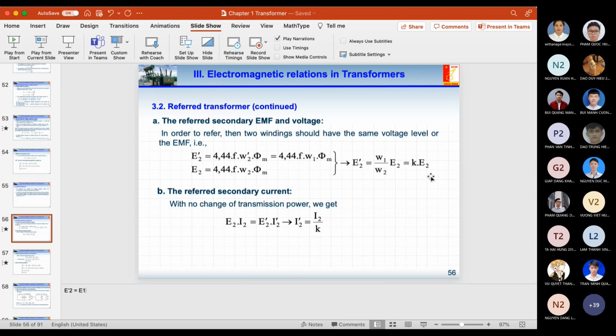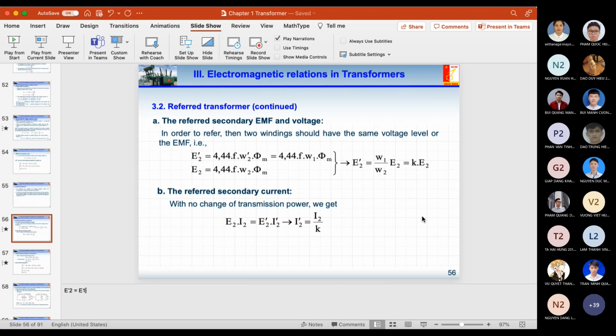Have a look, because sometimes they will ask you what is the meaning of E2' here. Of course, this one is the reference quantity after doing the conversion, and this parameter here is the parameter before doing the conversion.